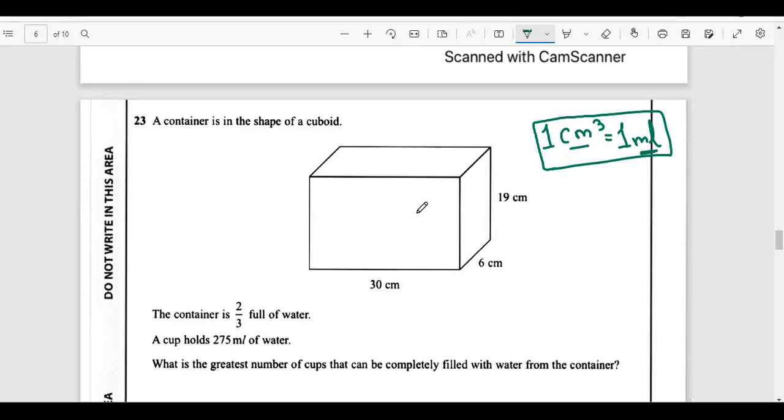Yes, Miss. What were you asking? So basically, I told you to do this question. This is right in front of you, 23rd question.